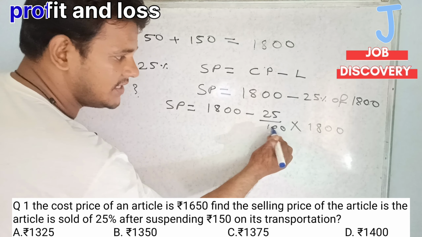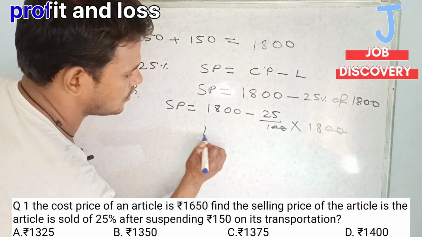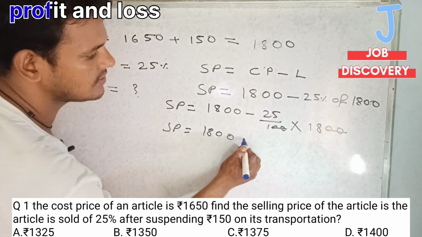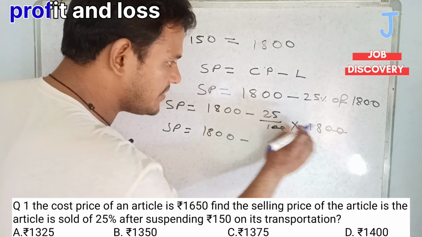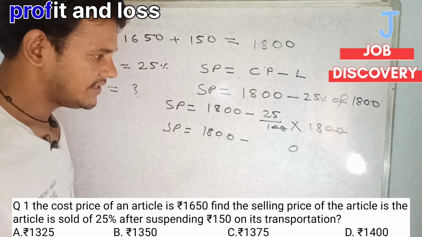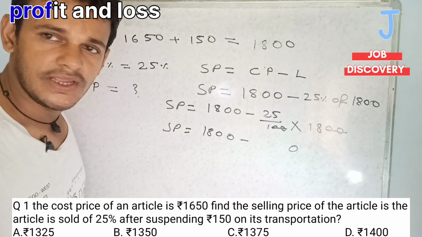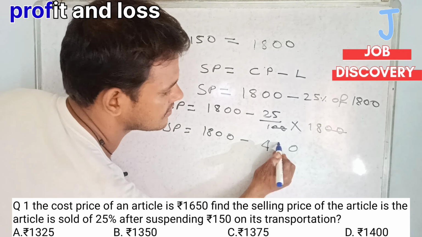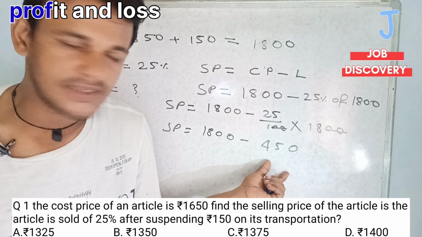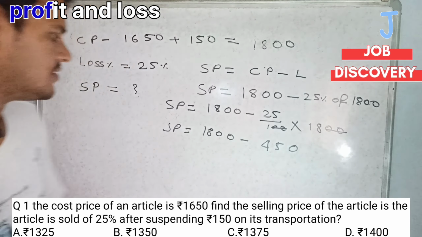Correct? 00 and 00 get cancelled. So 25 into 8 will be 200, 20 is remainder, 25 plus 20 will be 45. So loss is 450. 25% of 1800 is 450.